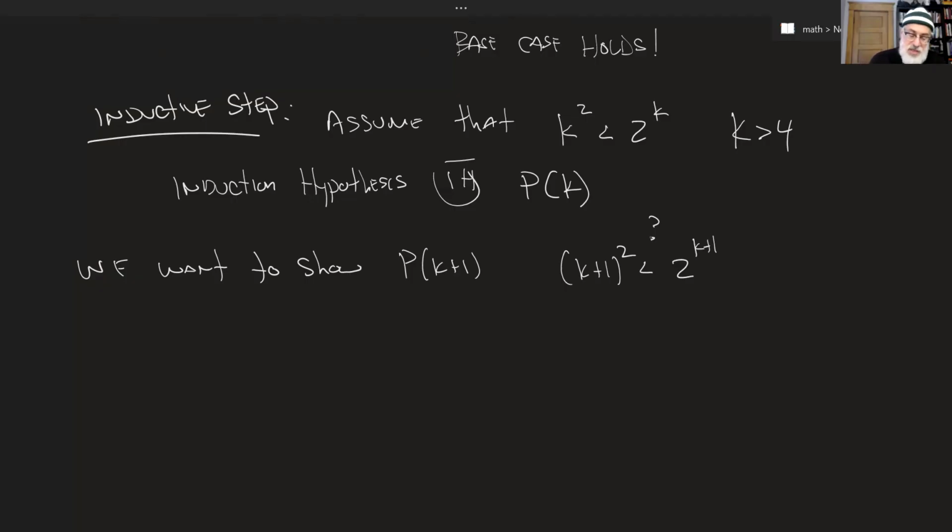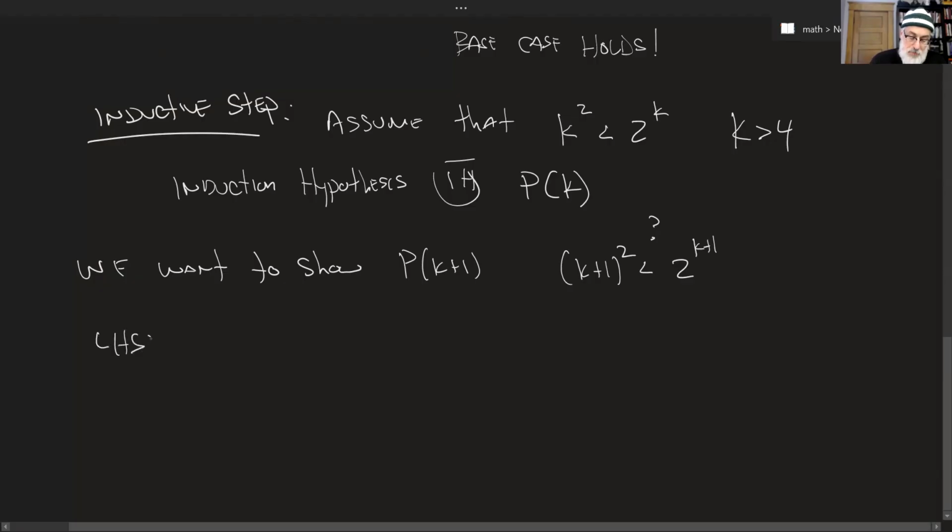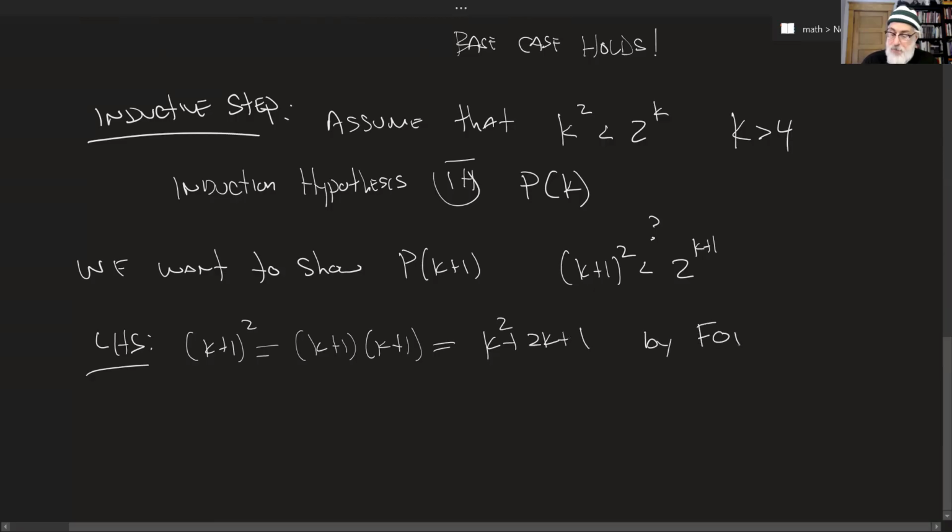So let's look at the left-hand side, this (k plus 1) squared. If we remember our exponents, squared means I'm taking that and multiplying it by itself, and I have k squared plus 2k plus 1 by FOIL.